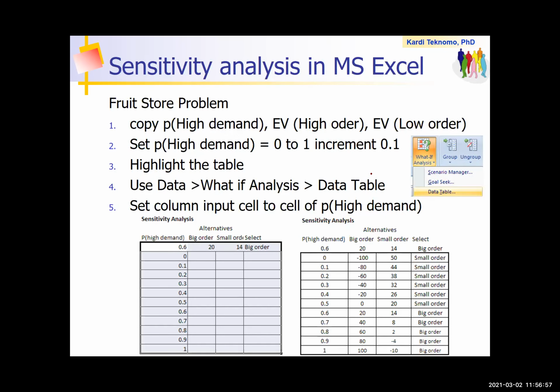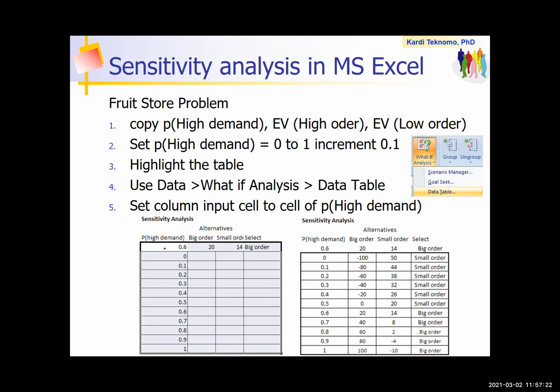Let's take an example. In the fruit problem, suppose you copy the high demand, high order, and low order. Now you set up the probability of high demand from 0 to 1 with increment of 0.1.